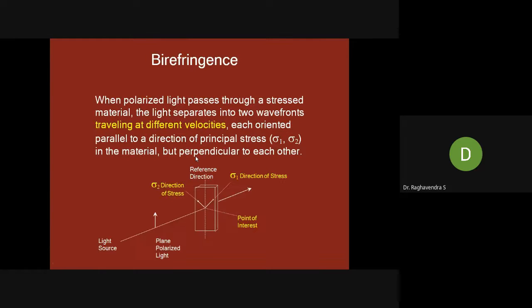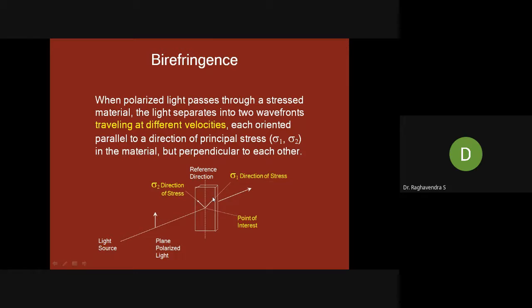Okay. Can you see that when polarized light passes through a stressed material, the light separates into two wave fronts traveling at different velocities, each oriented parallel to the directions of principal stress, sigma 1 and sigma 2, in the material, but perpendicular to each other. Can you see this? There is a light source here, light passing here, and it goes to the material.